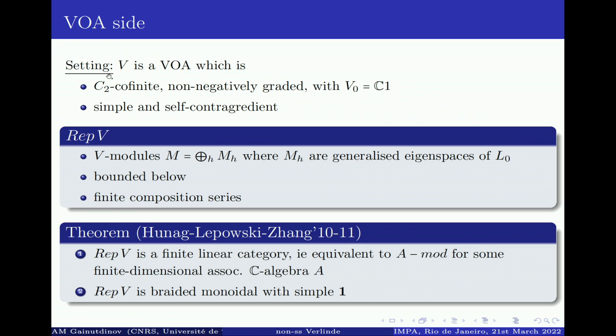They should be bounded below and have finite composition series. Then in 2010, Huang, Lepowsky, and Zhang proved that such Rep V in this setting is a finite linear category. This is the finite condition I just mentioned: as a linear category, it is equivalent to the representation category of some finite dimensional associative algebra. It also has a braided monoidal structure with simple tensor unit.